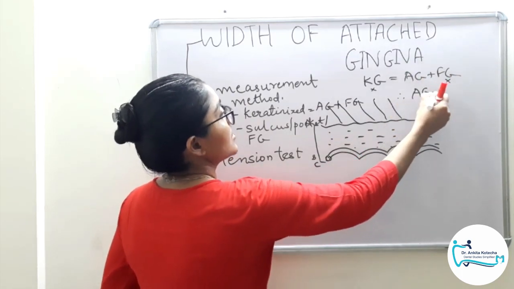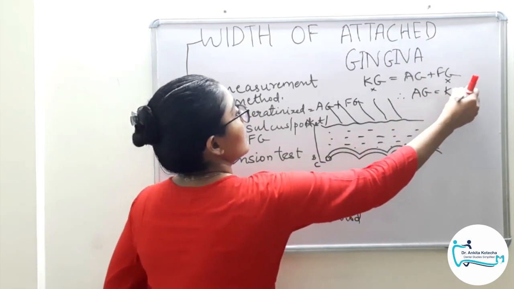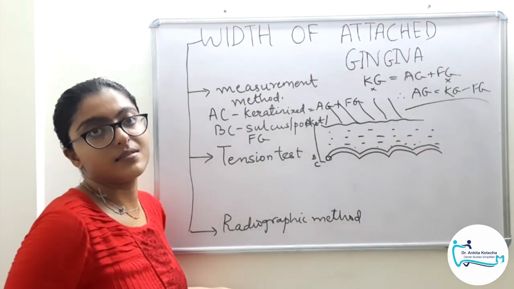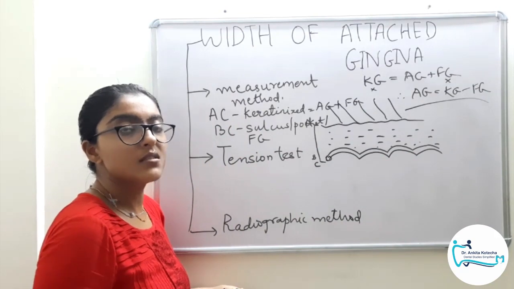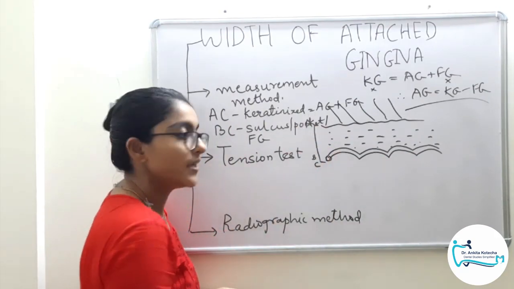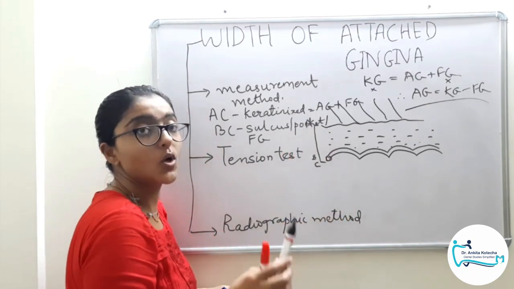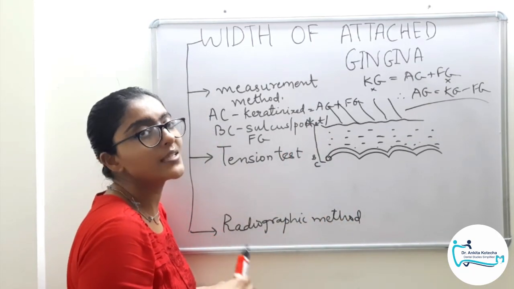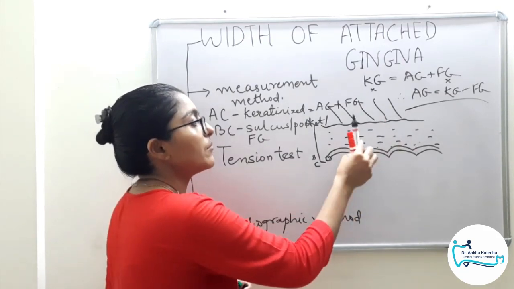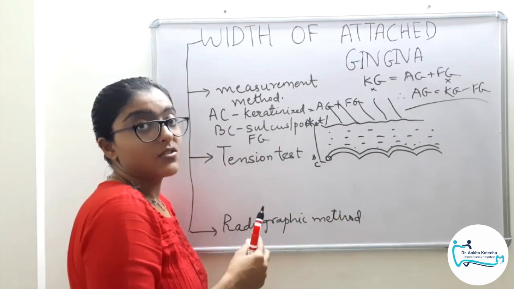Therefore, attached gingiva is keratinized gingiva minus free gingiva. Simple mathematics. The only thing we have to do is measure the 2 parameters, that is keratinized gingiva width and the free gingiva width, or the sulcus depth, or in certain cases pocket depth. Clear? That's how we get the measurement of attached gingiva.